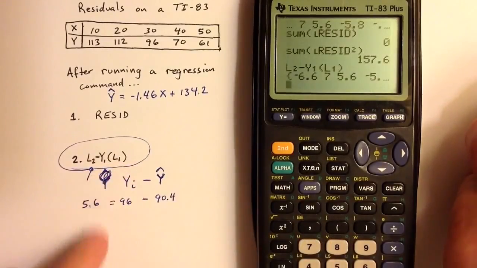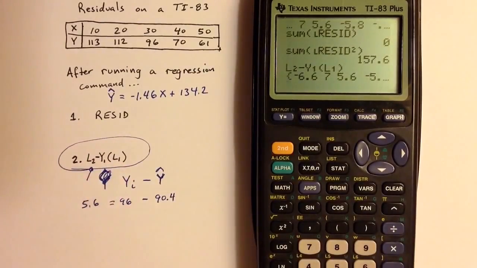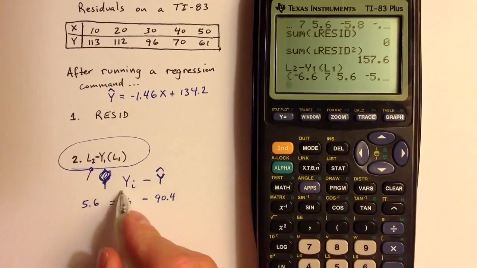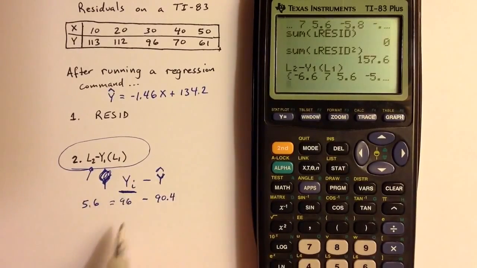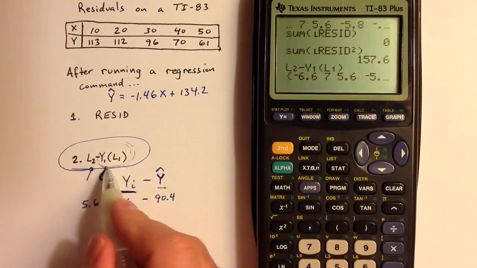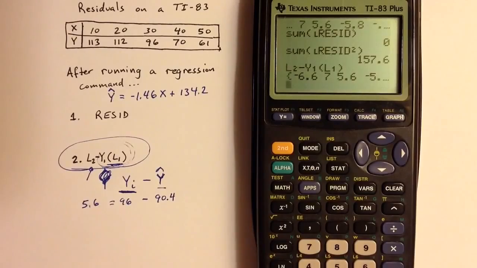But if you want to get your hands on the calculation a little bit more closely, this is what we're doing. We're taking the y values that we observe. For each value of y that we observe, we can take the corresponding x value and plug it into the regression function, and the difference is the residual.